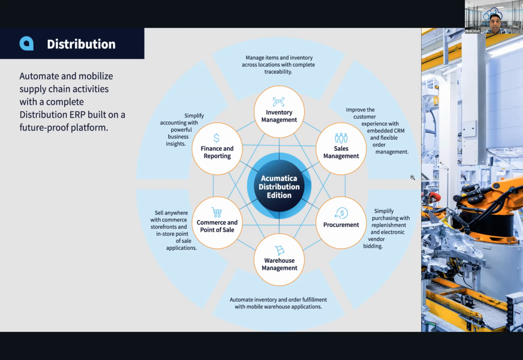These are all real-time transactions that happen in the system. Acumatica supports real-time solutions to these different processes to make sure your distribution environment is running as seamlessly as possible, all under a single system. So no more unique separate systems. Everything is handled within one solution.